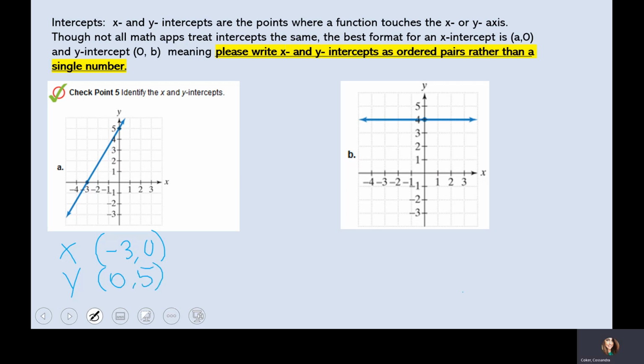And of course, for your y-intercept, your x-coordinate is always 0. In part B, you do not have an x-intercept. No, this graph doesn't cross the x-axis at all. Your y-intercept is 4. So we would write that, of course, in ordered pair form as 0, 4.